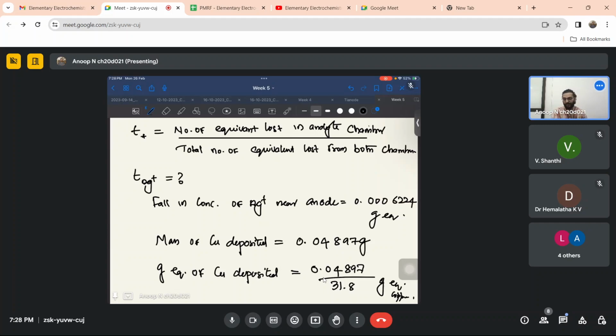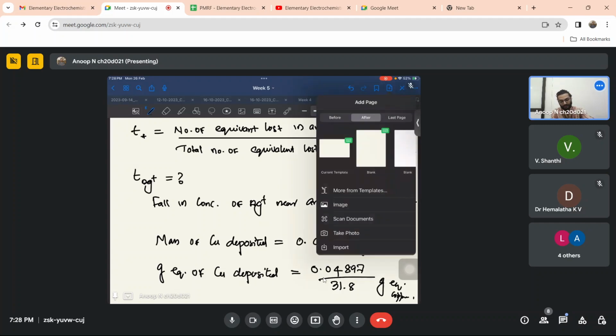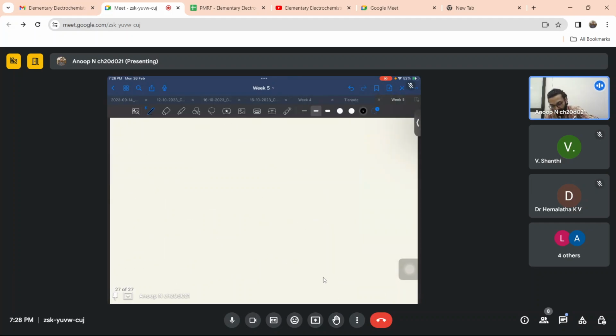The value comes to 1.54 into 10 raised to minus 3 gram equivalent.